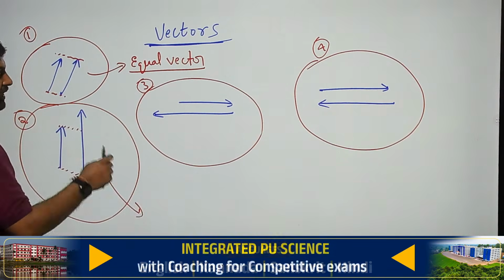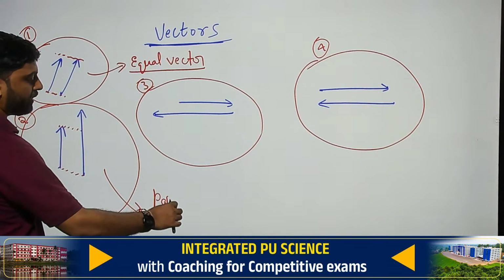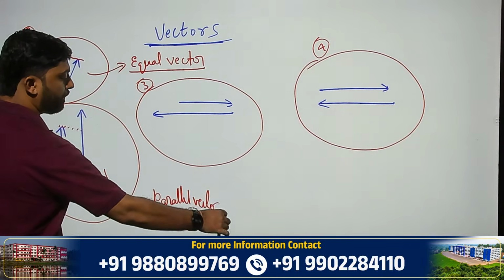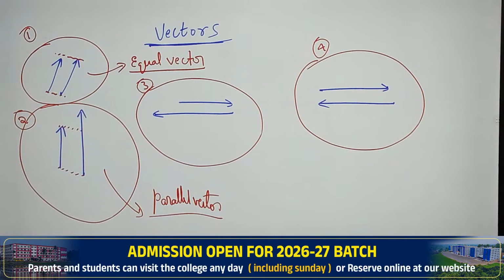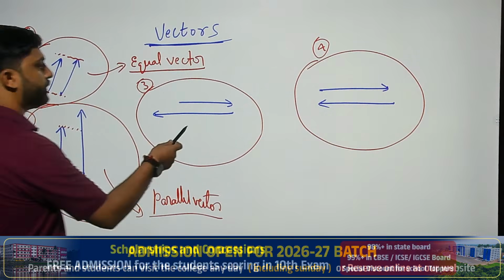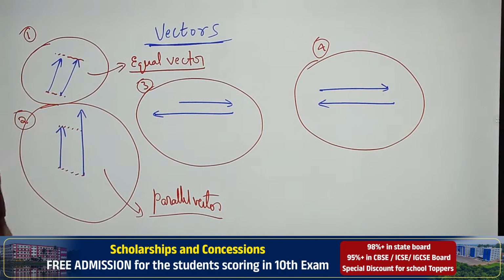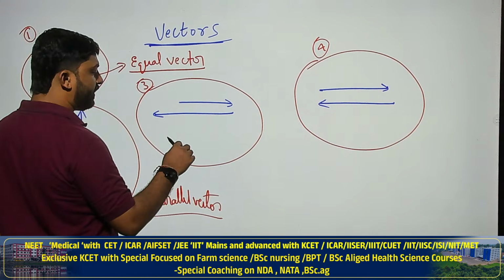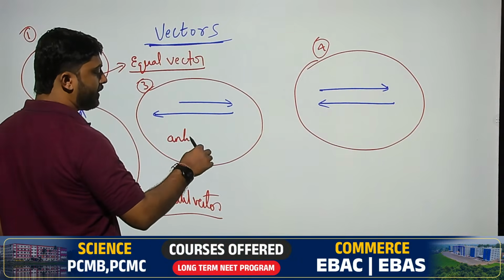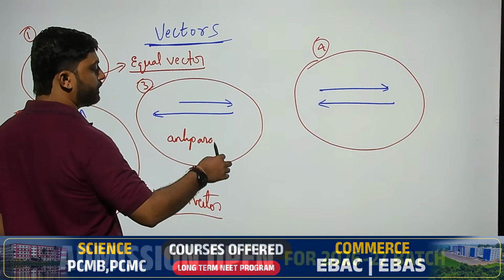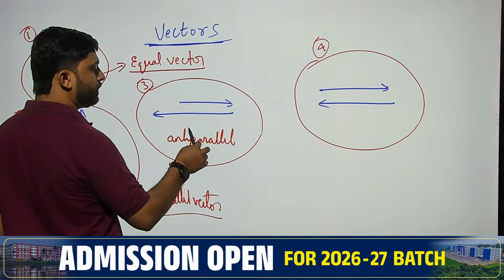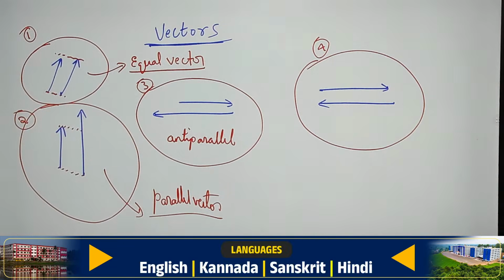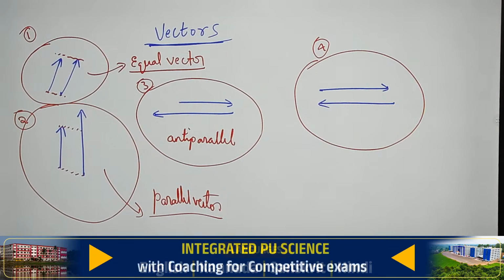Here only direction is the same, so we can call it a parallel vector. Now, what about this? Here the direction is opposite. We can call it anti-parallel. This is an anti-parallel vector.